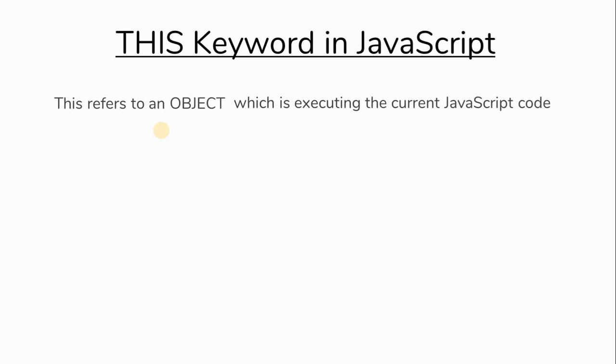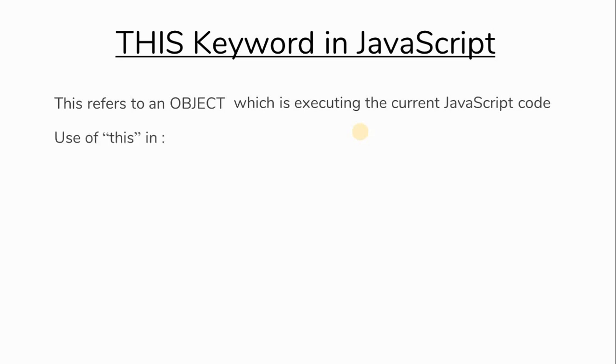In the browser, our JavaScript code will be run by a global object called window, right? We'll be coming to that at a later stage. So this is the definition of the this keyword, which tells all about what this does in JavaScript. With that being said, let us understand how this keyword is used in different scenarios, right?